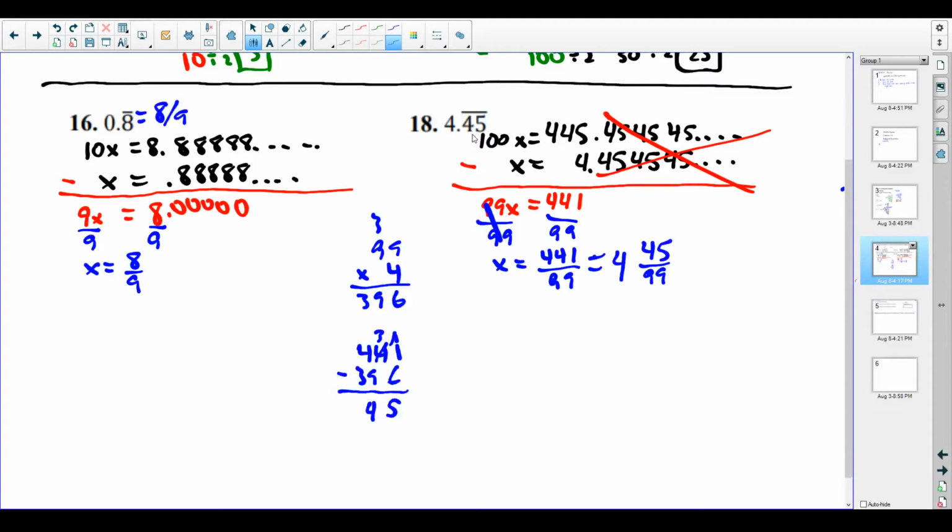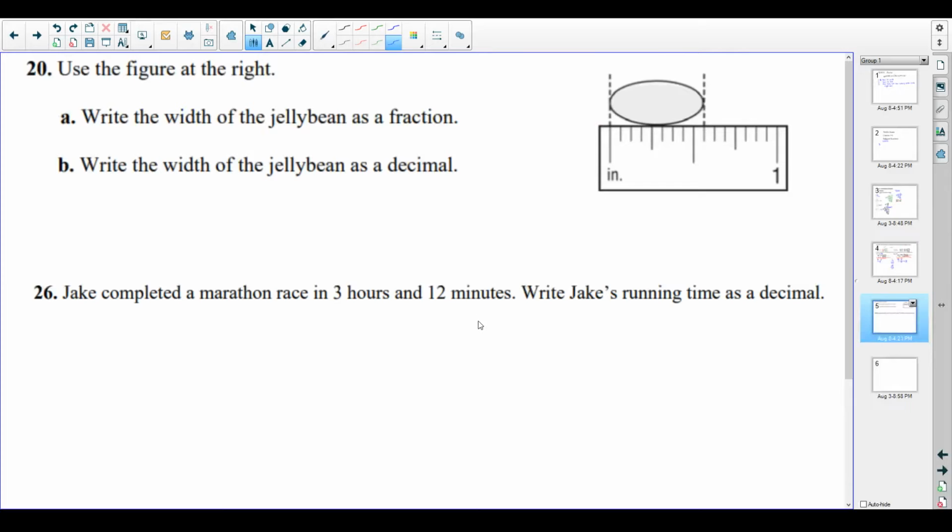But the number that was repeating is in the numerator both times. So if you want to skip a lot of work, you can hope that it's this number over some number of 9s. Maybe it'll work out for you. But then again, this question doesn't actually show up that much in 8th grade. This is just for goofs. Okay. So a couple word problems, and then we're out of here.